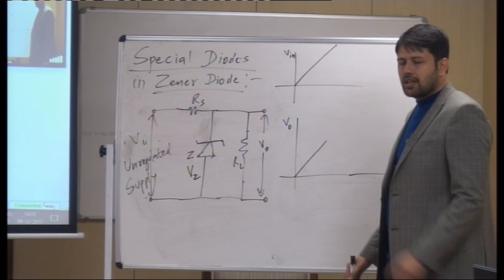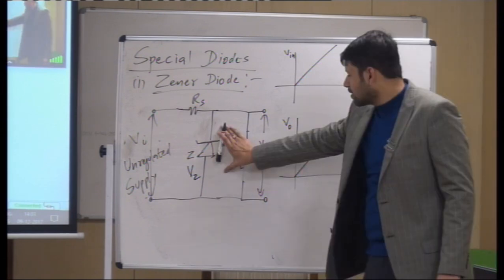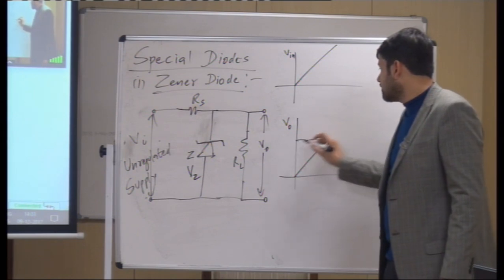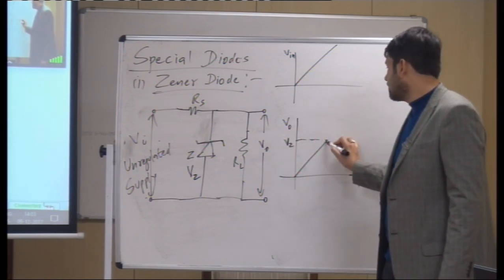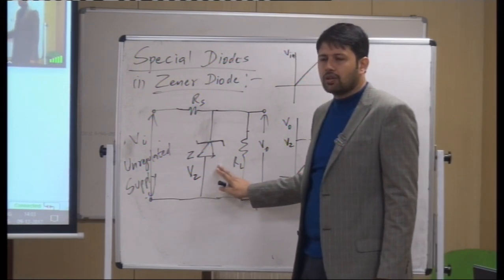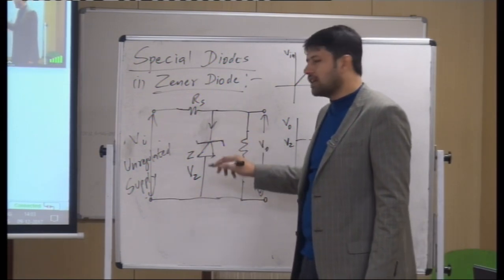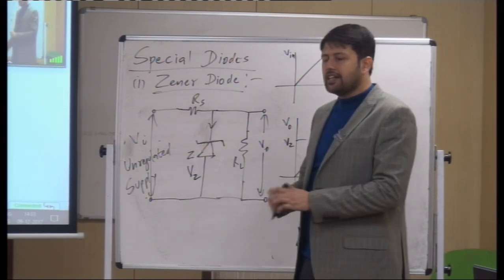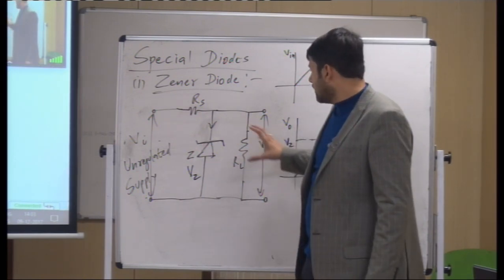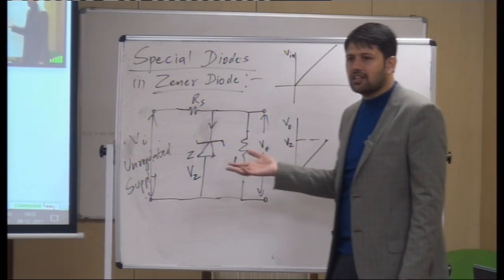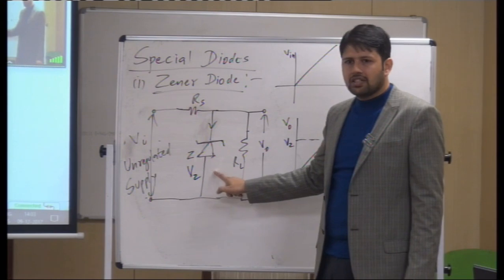A time comes when the output reaches Vz. When this comes, this diode goes into breakdown mode, which means it allows a large amount of current to flow through this branch, and the current through the resistance remains constant. The extra current is absorbed by this Zener diode.